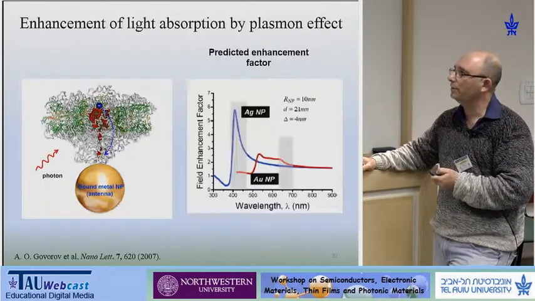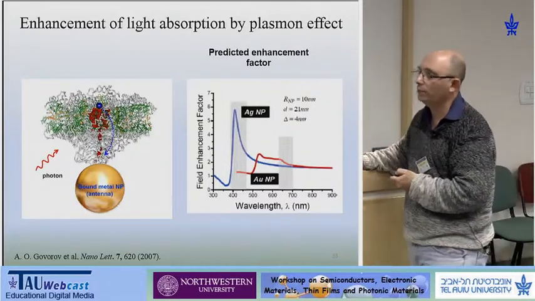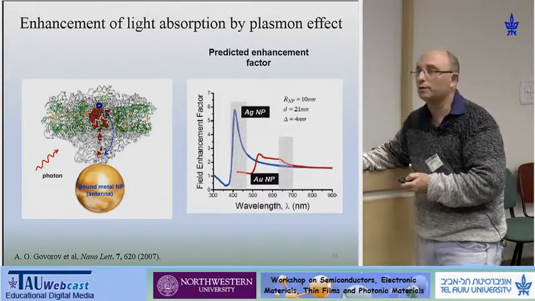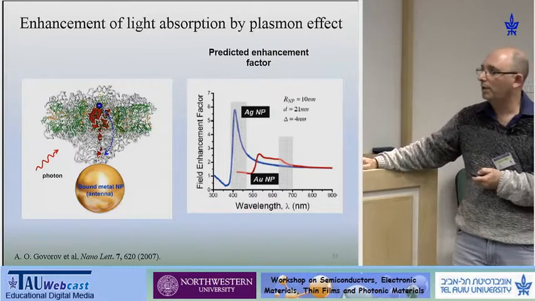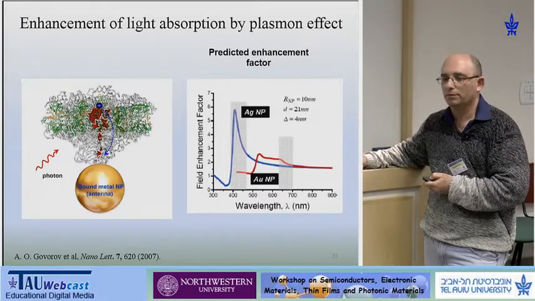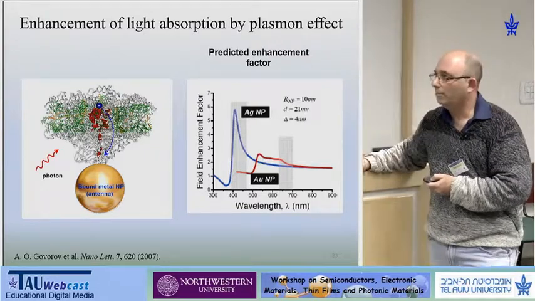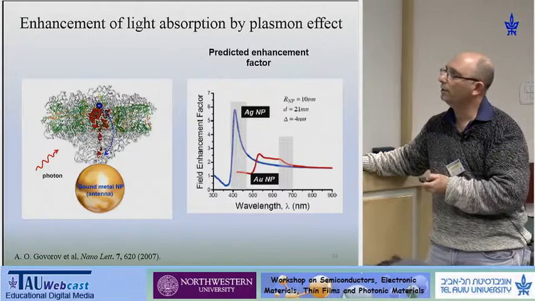Next, we asked ourselves, can we make some plasmonic coupling of this Photosystem 1 to some nanoparticles? We followed a theoretical paper by Sasha Govorov that suggested that this is possible. This is very important, of course, for many reasons, also for solar cells. So these are theoretical calculations.